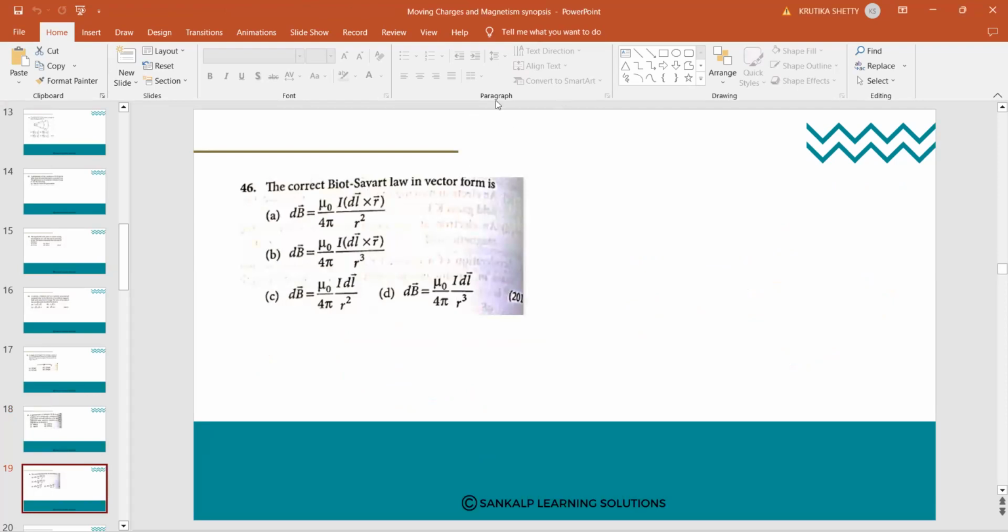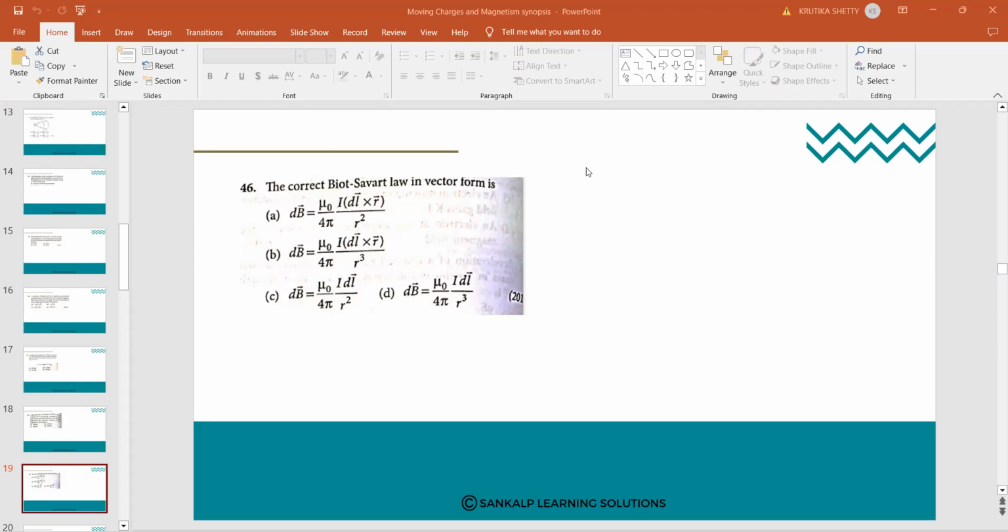The correct Biot-Savart law in the vector form is, so everyone can give the answer for this, the vector form of the Biot-Savart law. So A, B, C, D, you only tell me which is the correct answer. Yes, Jyoti, correct, very good. Yes, students.